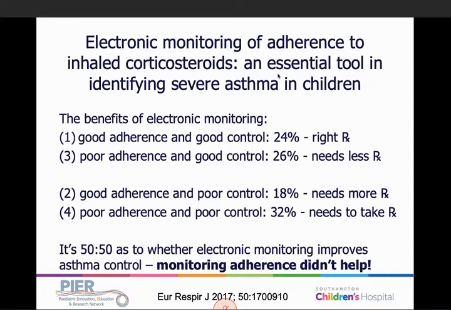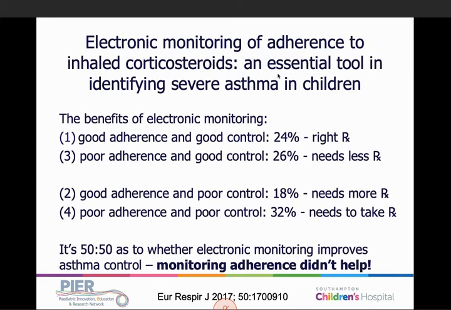So it's really 50-50 as to whether electronic monitoring at a population level for the clinic improves asthma control. So that's a very important takeaway message to recognize from this kind of study, that monitoring of the adherence per se doesn't help in the management of the asthma of the patients.